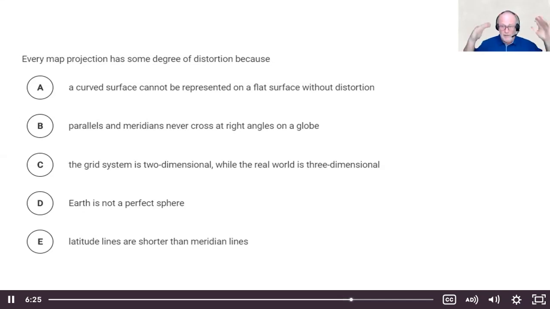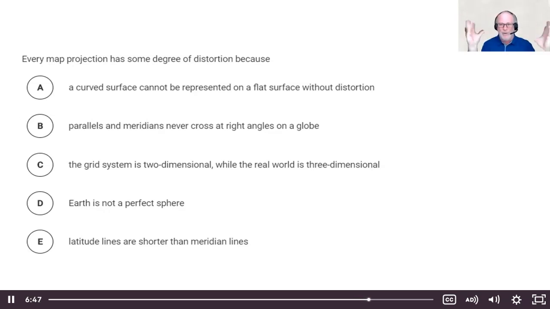Parallels and meridians, those are lines of latitude and longitude. They never cross at right angles on a globe. Yes, they do. The grid system is two-dimensional. The real world is three-dimensional. Okay, that's true, but it doesn't answer the question that's being asked. Notice that sometimes those distractors will do that. Earth is not a perfect sphere. Okay, also true. The polar areas are a little bit flattened.